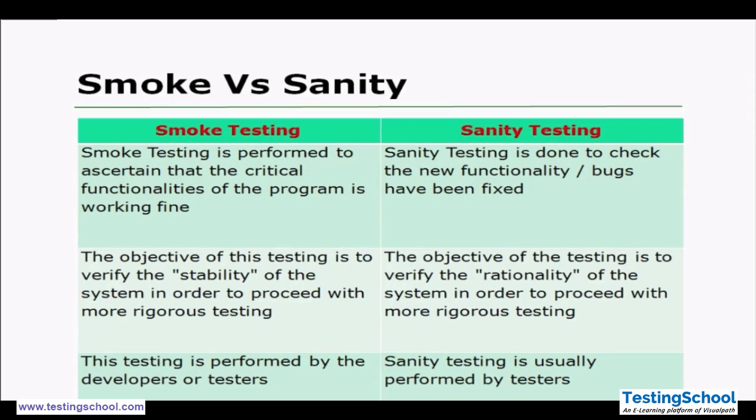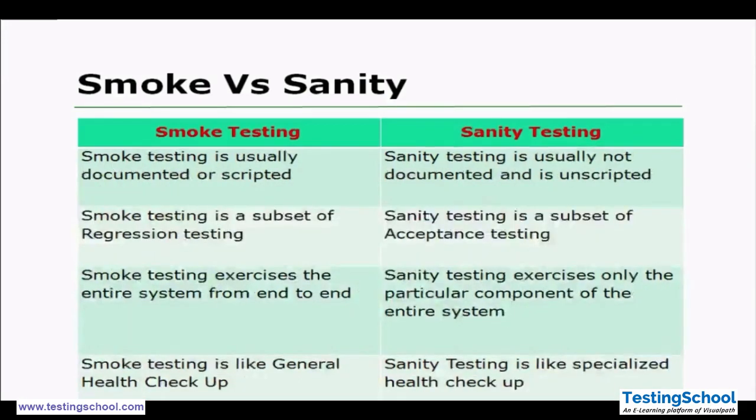Smoke testing is performed by developer or tester, both can perform it, but sanity testing is usually done by the tester only. Smoke testing is basically documented, but sanity testing is usually not documented, because we just verify that the new changes and fixed defects are working fine.